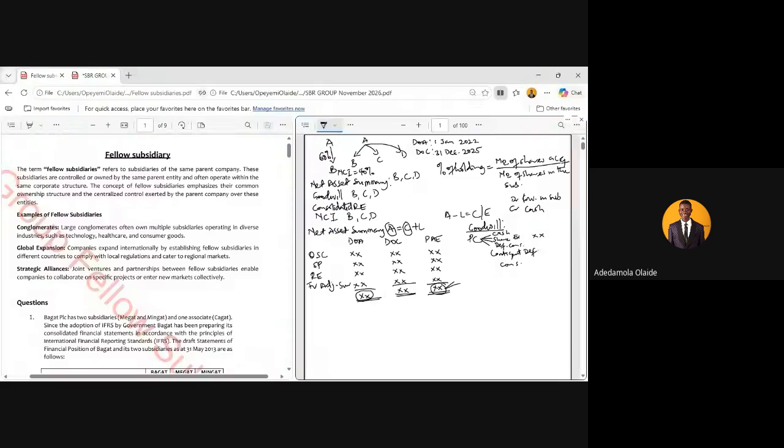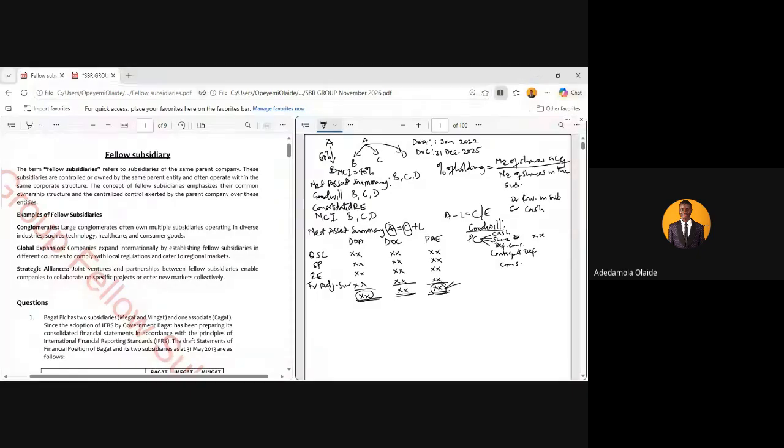But the whole essence of our consolidation now is that we don't want to show this investment in subsidiary as an asset. We now want to show the entire company we bought as a result of that cash spending. That's the whole essence of consolidation. But we'll come back to that.